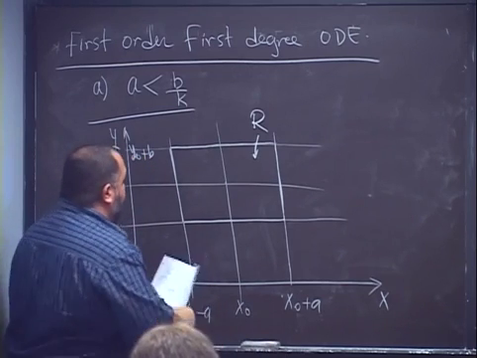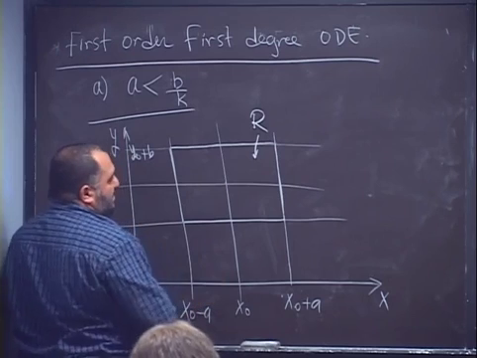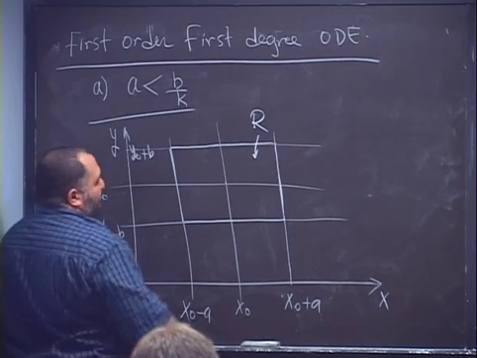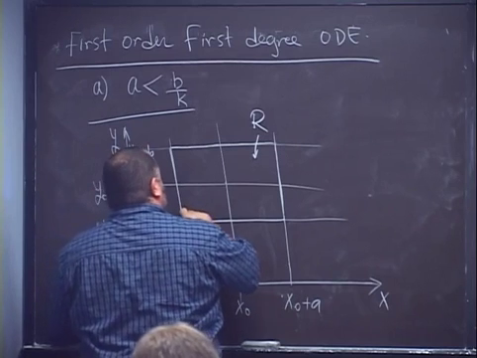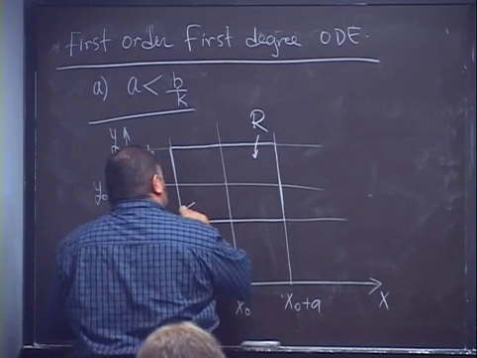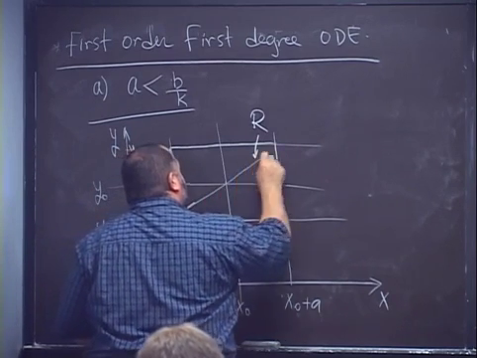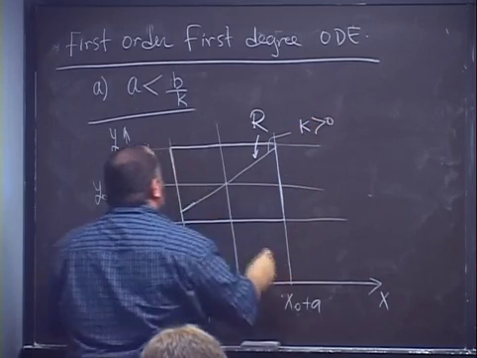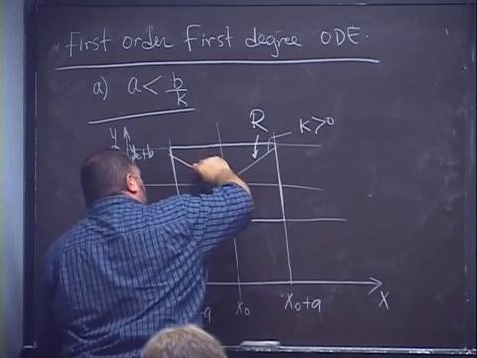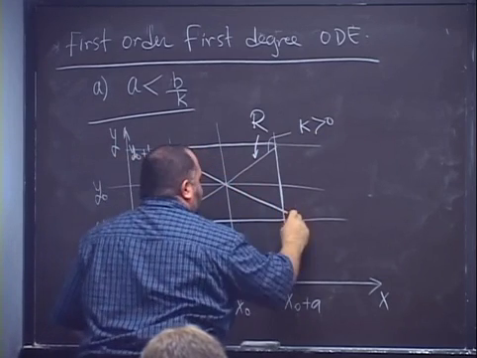Then the k, which is the slope, if you take the absolute value of the slope, for example, this is a positive slope, so k is greater than 0, and this is k less than 0.